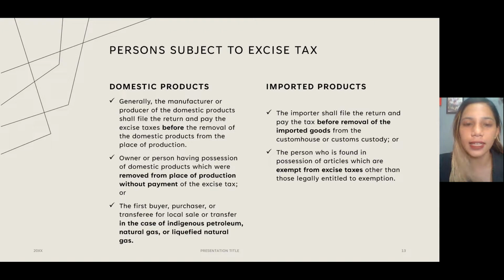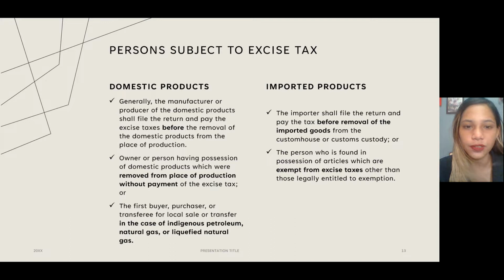Now, the second is the person who is found in possession of articles which are exempt from excise tax, other than those legally entitled to exemption. Take note of those persons subject to excise tax.